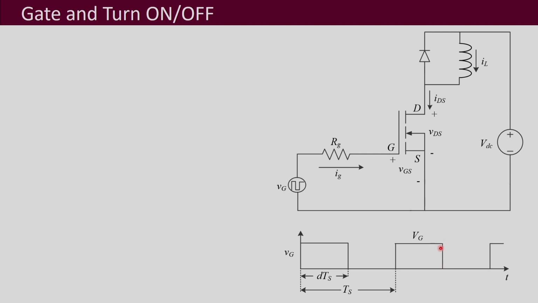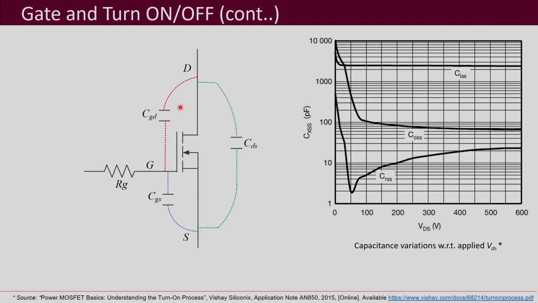Now also recall that the MOSFET has three parasitic capacitances associated with it: the gate to drain capacitance, the gate to source capacitance, and the drain to source capacitance. Further, recall that we had renamed the gate to drain capacitance as CRSS, which is the reverse transfer capacitance.